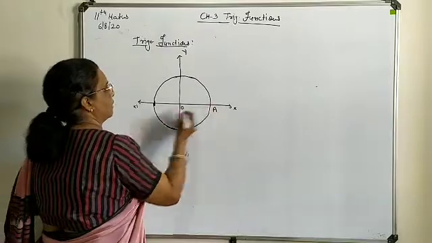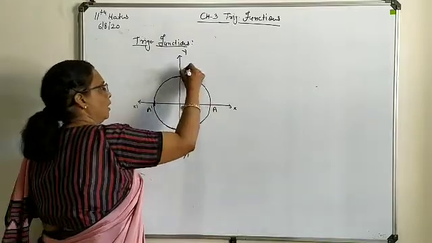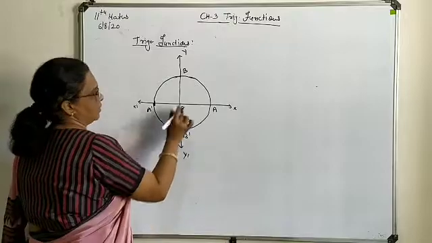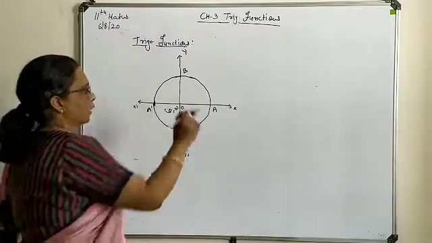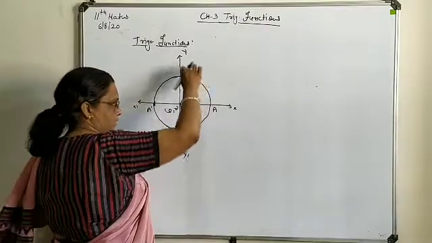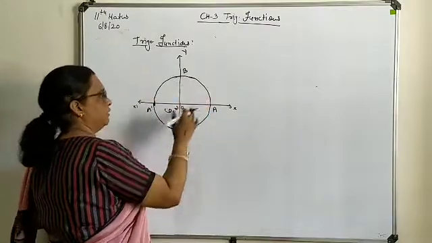These are the points A dash, B and B dash. It is the origin having the coordinate 0, 0. Now we just talk about this section area and this will apply everywhere.